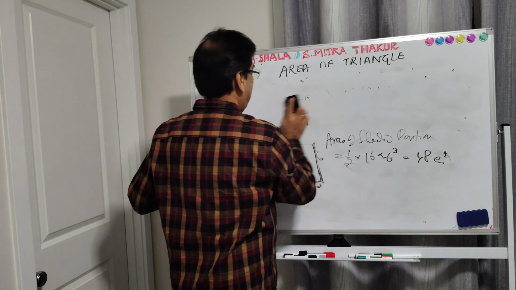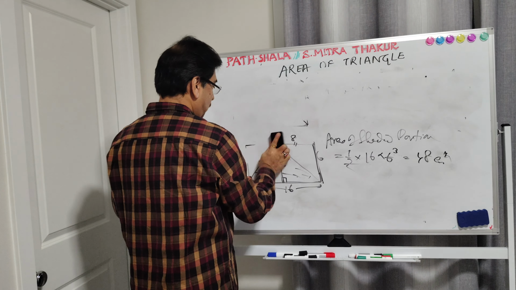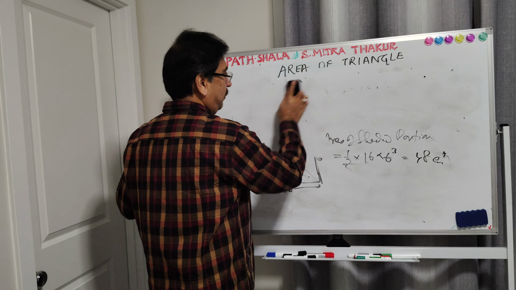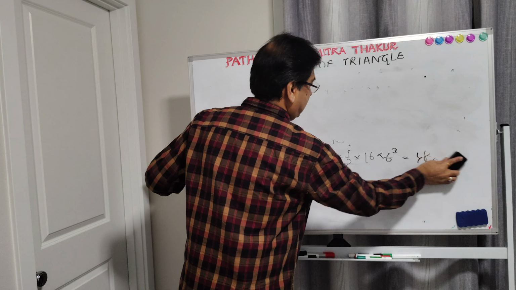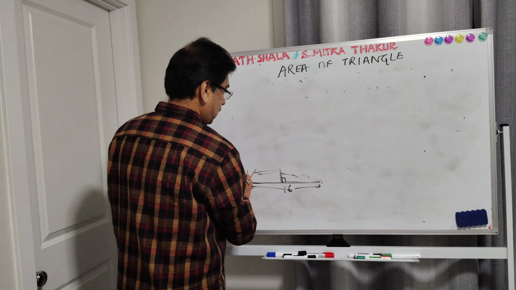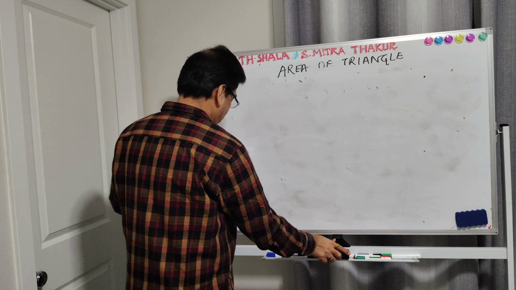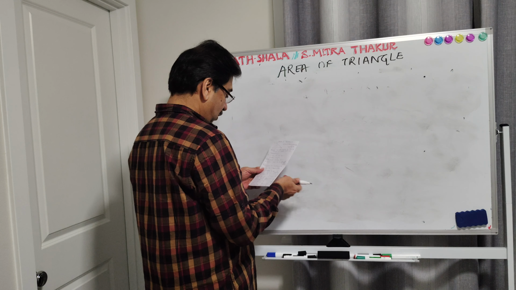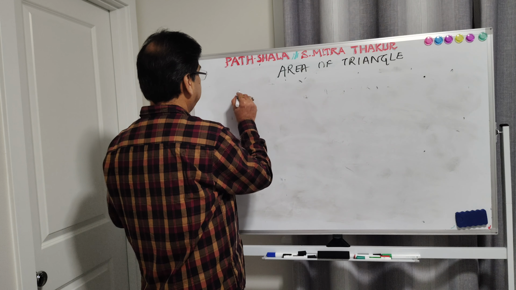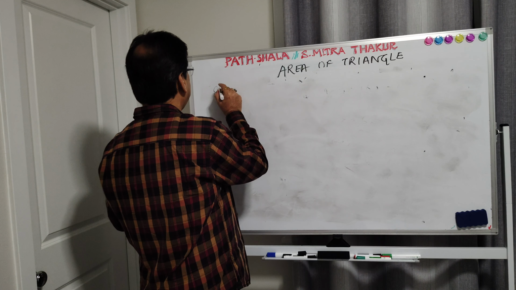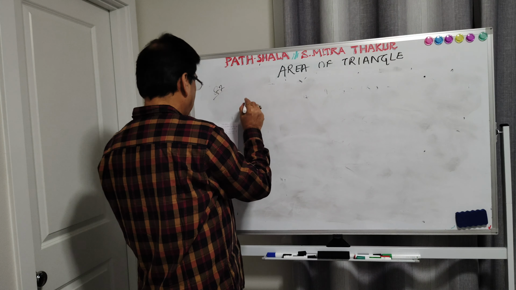I'll do two more mathematics on the shaded portion, how to calculate the shaded portion. Then I think it will be easy for you to calculate all of these. This is question number 7.